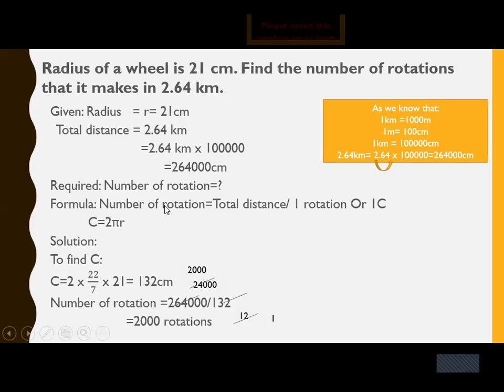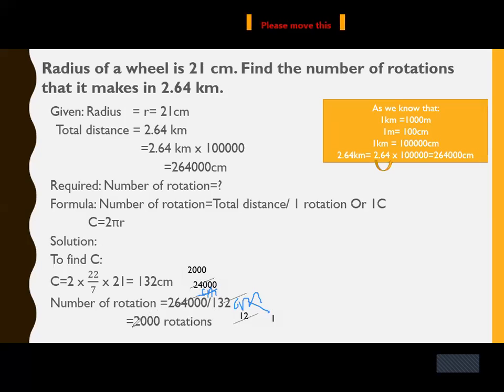Students, when we are finding the number of rotation, we have to mention rotations, not centimeter. Number of rotation must be written here, that 2000 rotations are there. Why are we not mentioning centimeter? Look here carefully. Total distance is given in centimeter and circumference is given in centimeter, so centimeter upon centimeter is going to be cancelled out.